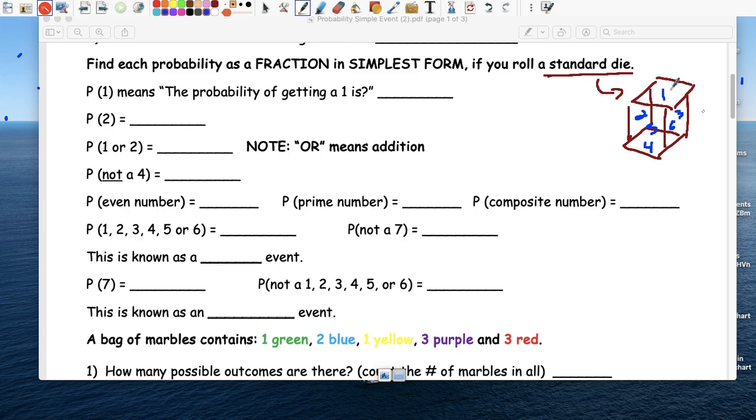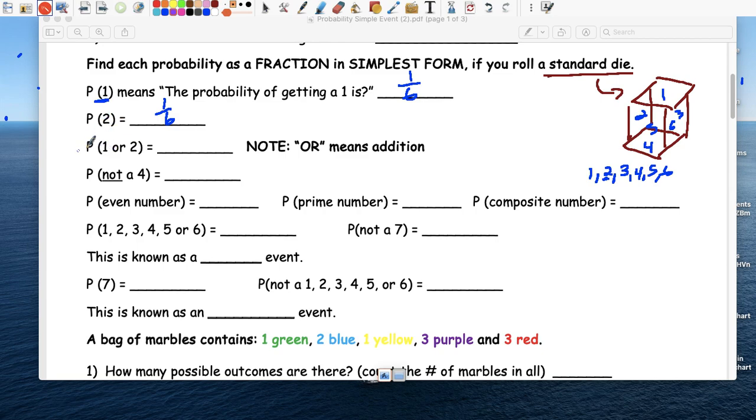You have a standard die with 6 numbers, one on each face. Find the probability of getting a 1. Well, 1 out of 6. What's the probability of getting a 2? Let's list the numbers here: 1, 2, 3, 4, 5, 6. There are 6 different outcomes. And the probability of getting a 2 is 1 out of 6.